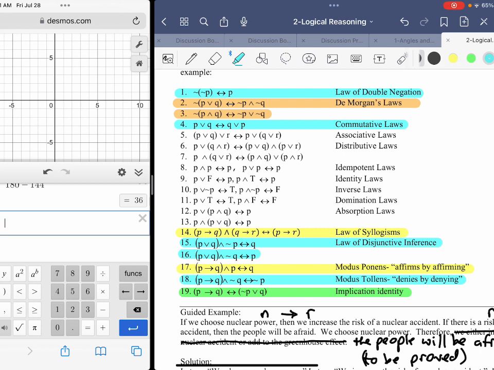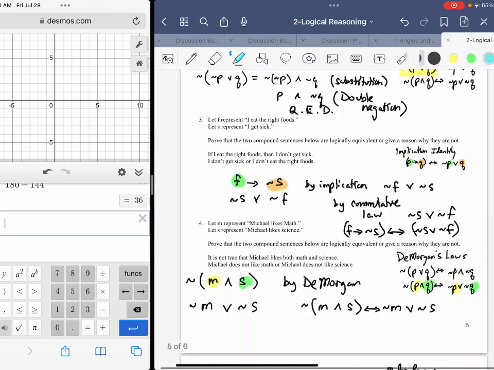The stuff in the middle are also useful. Good general relations, like the identity laws. Those are pretty useful. I'm just looking. Absorption laws, you can review those also, but the most popular ones are the ones I highlighted.